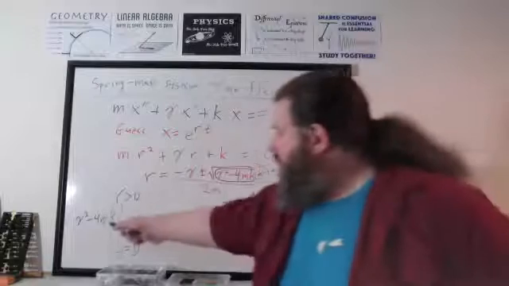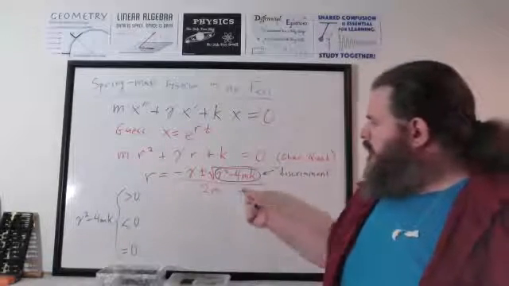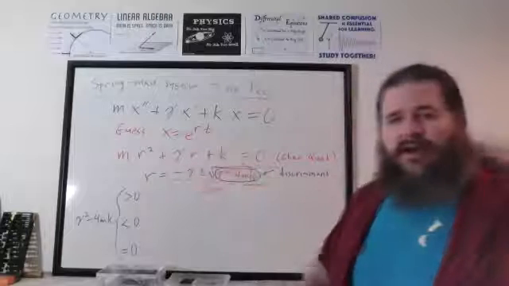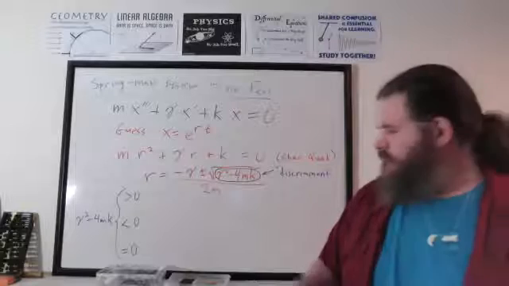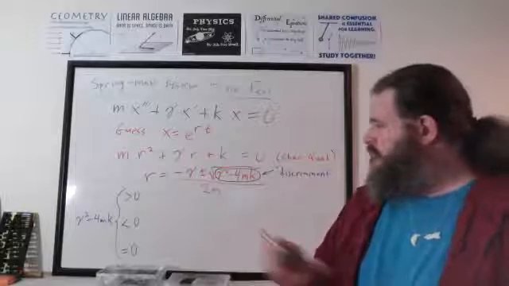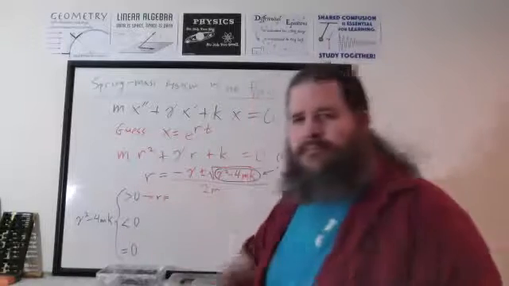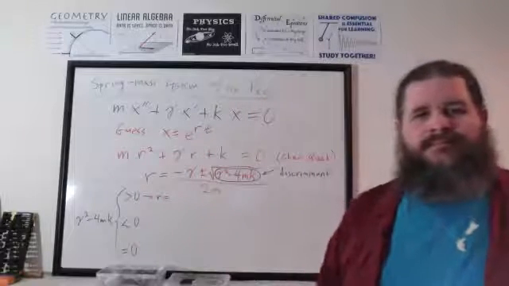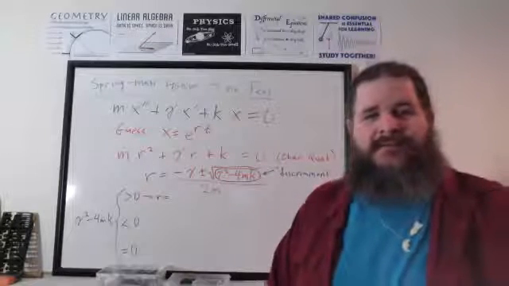To start with, if gamma squared minus 4mk happens to be positive, what does that tell you about the results of R here? If you take the square root of a positive, what kind of value do you get?